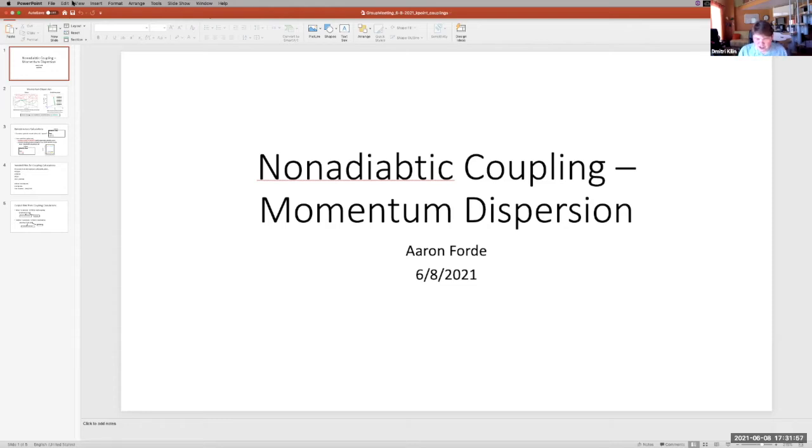For example, it can be a transition from LUMO with non-zero momentum to LUMO with zero momentum, or LUMO plus one with non-zero momentum to LUMO with zero momentum, and several possible cross terms.